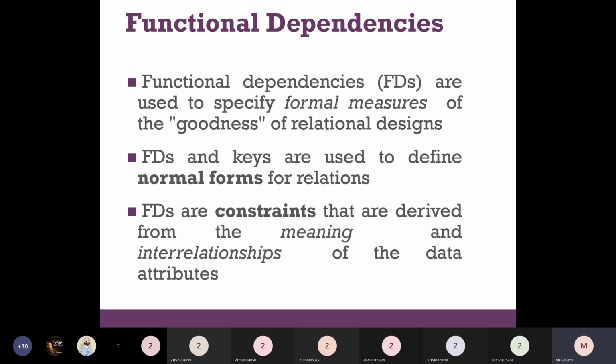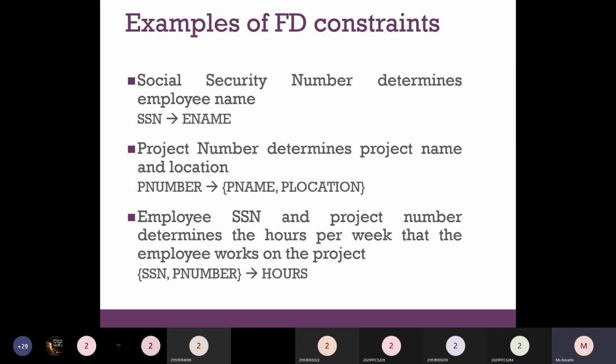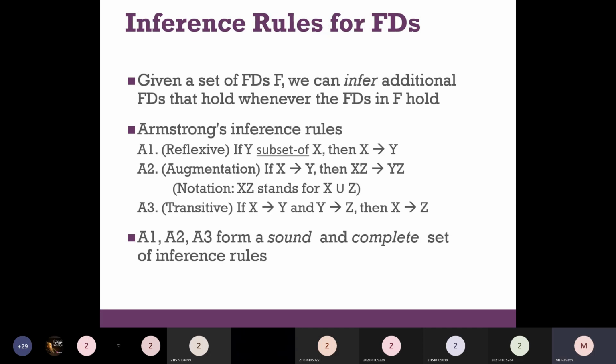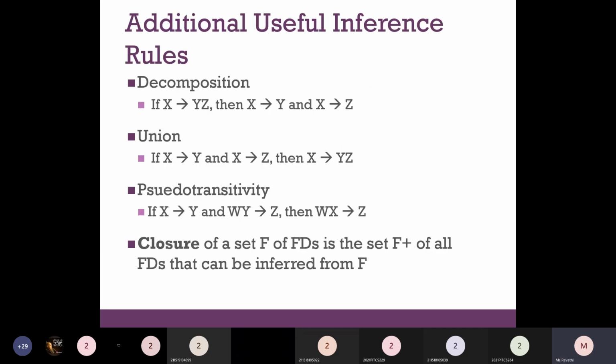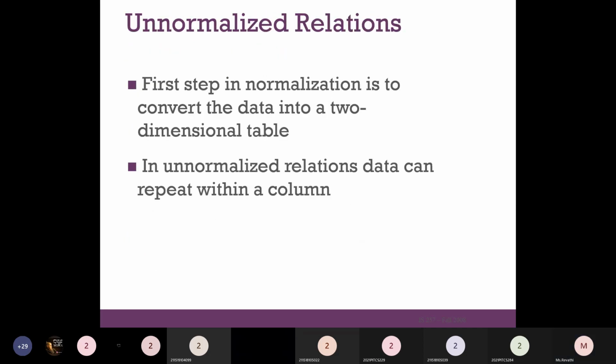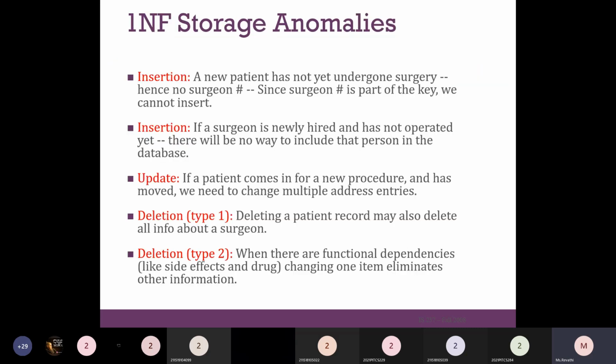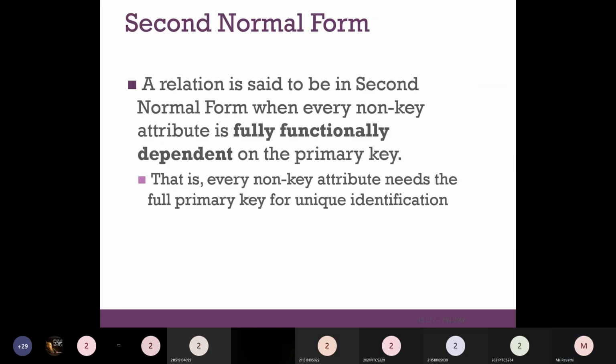Once again, I'm repeating. First normal form ensures atomic values for the attributes. The second normal form ensures there shouldn't be any partial functional dependency. Partial functional dependency in the sense that every non-key attribute needs the full primary key for unique identification.